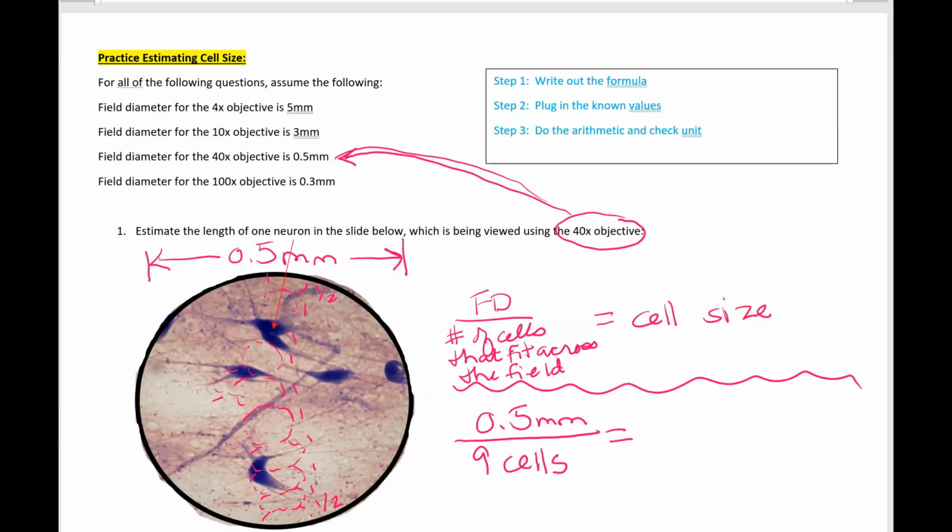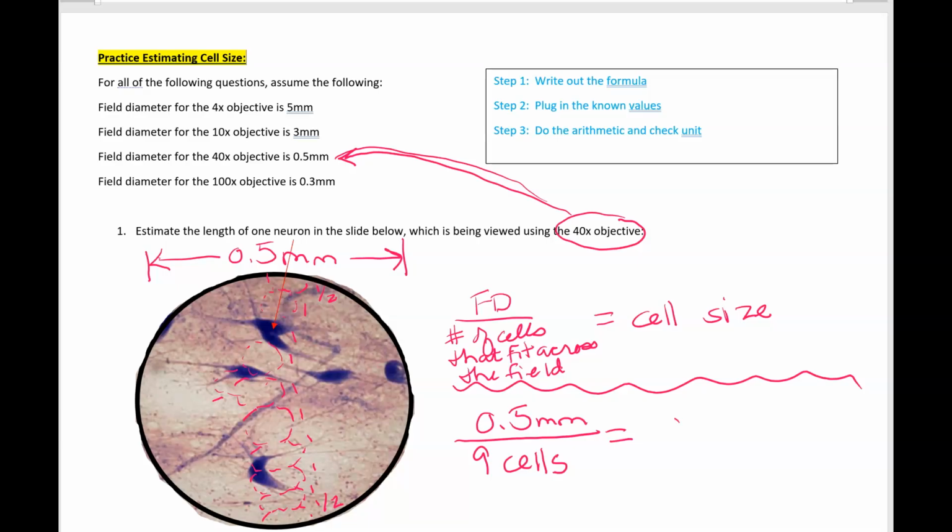I think it's 0.05 repeating. So generally, I'd be told in a question, if this was a lab practical, calculate out to, say, the 100th place or the 10th place. So make sure you go back and review some of that basic mathematics if you're not quite sure about that. So here, I'm going to go out to the 100th place.